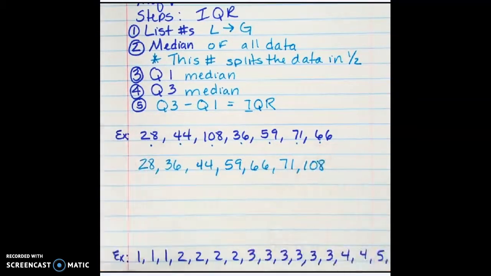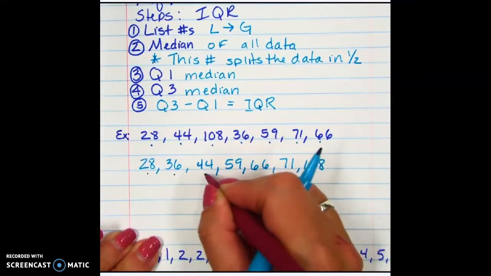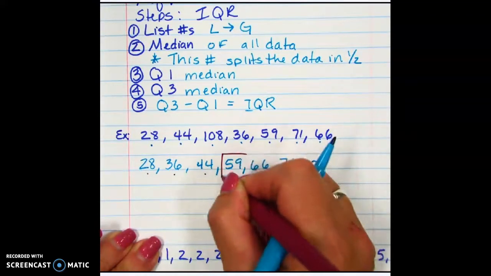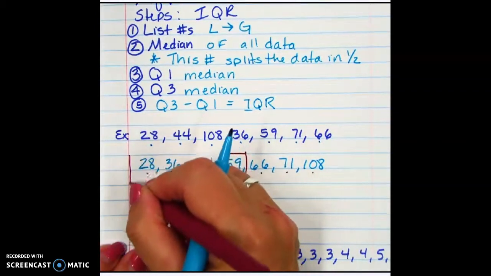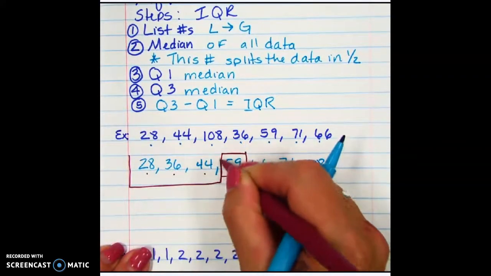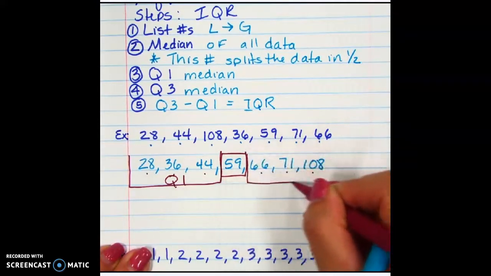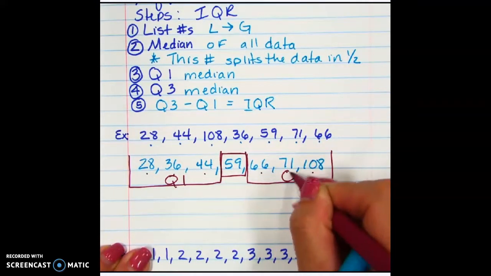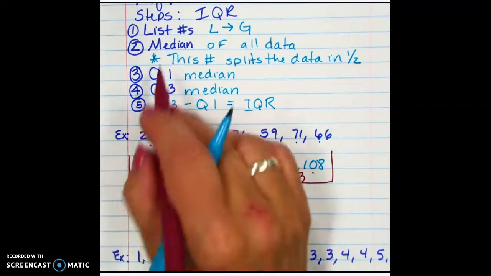How do I find the center? I go like this, 1, 1, 2, 2, 3, 3, and there's my direct center. So my median is here. Well, now I have the lower quartile and I have the upper quartile. Now I can find my median again. So that is step 2.